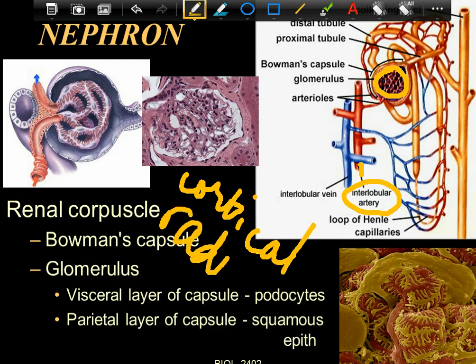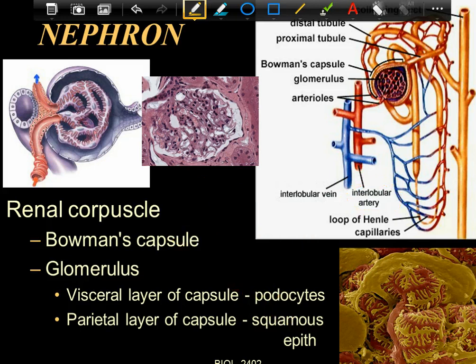Your lab book calls it that. You can call it by either one. And then there's your afferent arteriole going that way, carrying the blood in to be filtered. And here's your efferent, taking it out, and then forming this little hairnet capillary bed, the peritubular capillary bed.